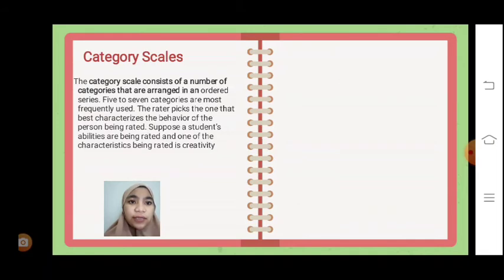The rater picks the category that best describes the behavior of the person being rated. For example, a student's reliability is being rated, and one of the categories being rated is creative.